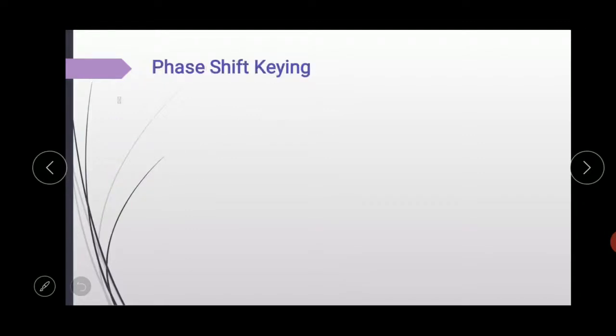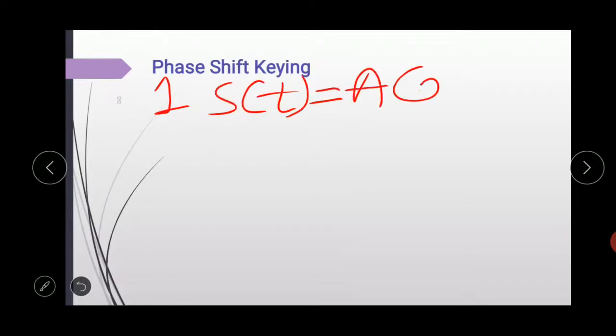Phase shift keying. In PSK, the phase of the carrier signal is changed according to the modulating signal, meaning the digital modulating signal. When 1 is transmitted, the modulated signal is A cos omega ct.